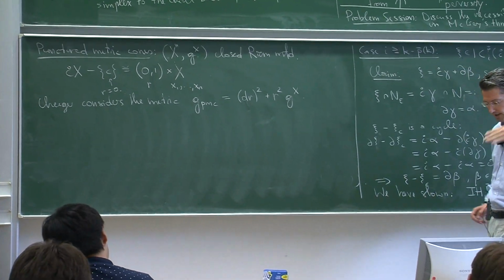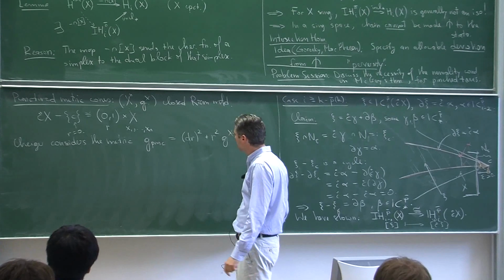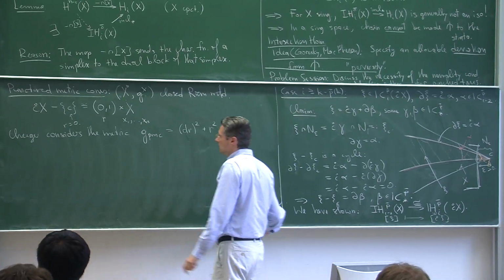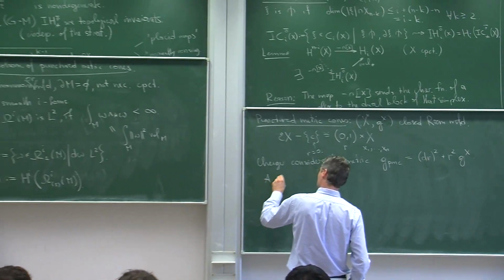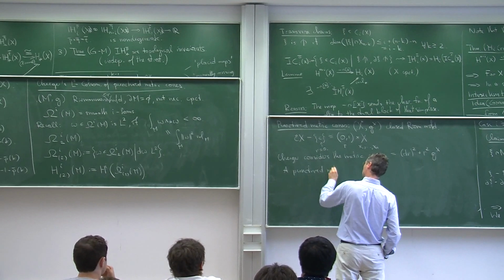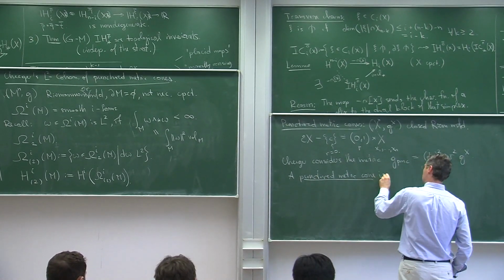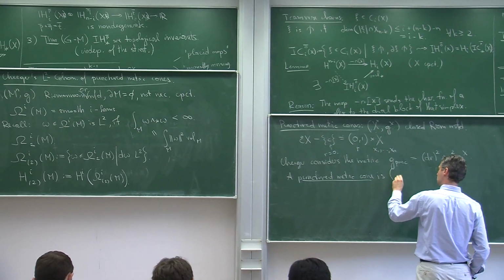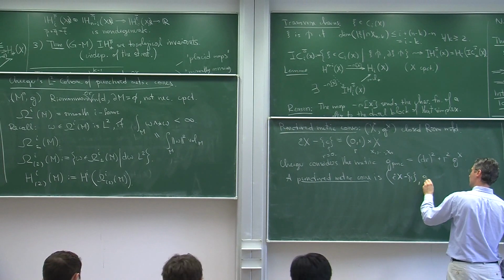So it really looks like an actual cone the way you were used to. So a punctured metric cone is such a pair, the cone point deleted with this kind of metric.